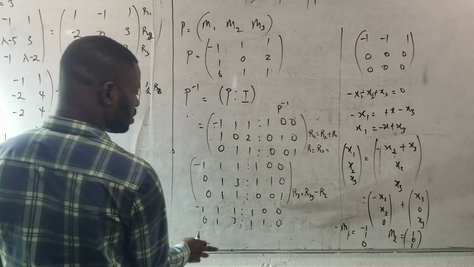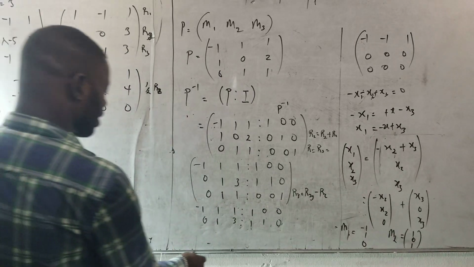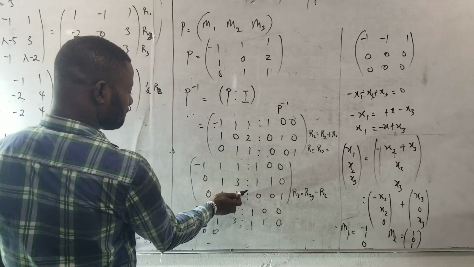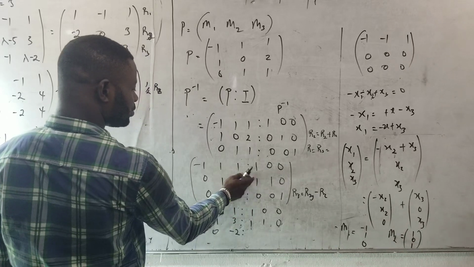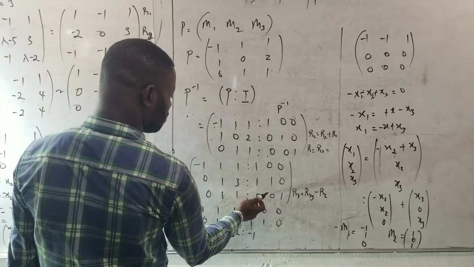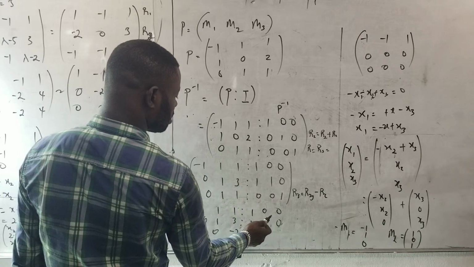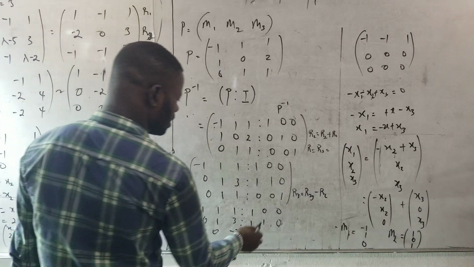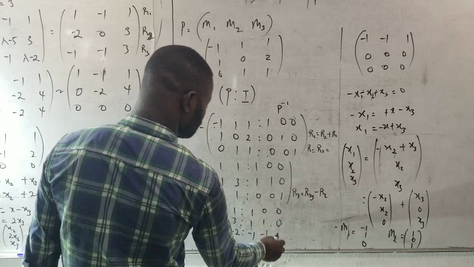Now, at this junction, this and this is going to be 0, 0. Now, this minus this will be minus 2, and this minus this will be minus 1, and now this is going to be 0. R2 minus R1. Now, we have this and this, it will be minus 1, and this will be 1.